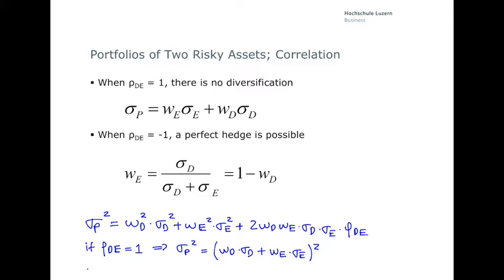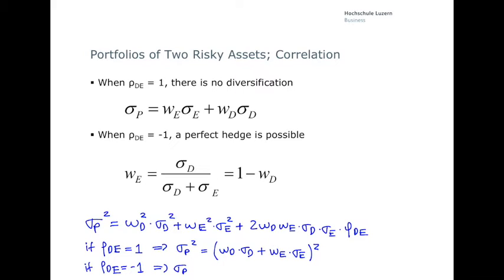If you take the square root of this term, you would get a standard deviation of the portfolio which is equal to the weight of equity times the standard deviation of equity plus the weight of debt times the standard deviation of debt.